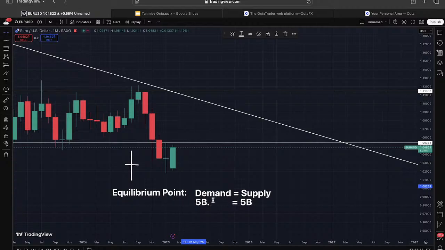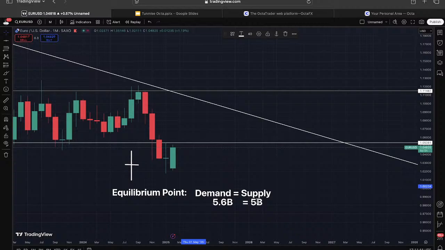So when supply and demand are giving almost similar values, let's say the first one is 5.6 billion. I'm just giving an example so that we can best understand what equilibrium means.